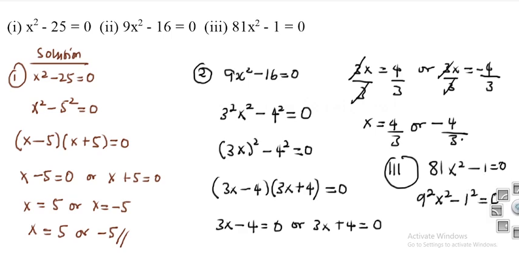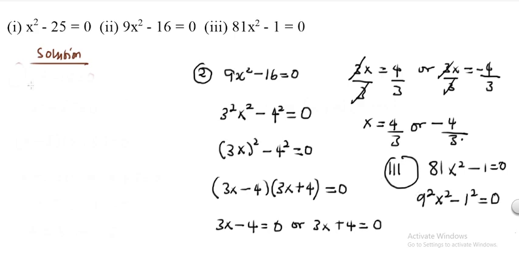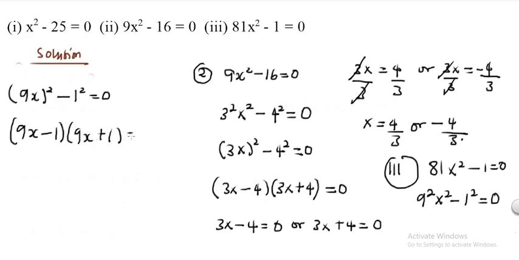I can group these squares together. This will be 9x squared minus 1 squared is equal to 0. If I factorize this whole term, it can be written as 9x minus 1, I bracket them, 9x plus 1 is equal to 0.